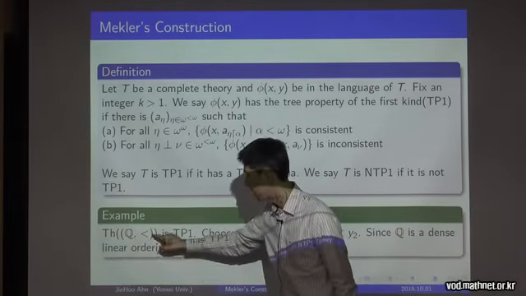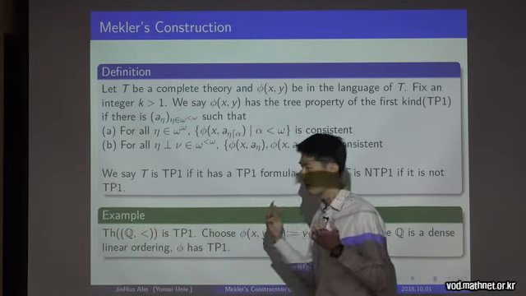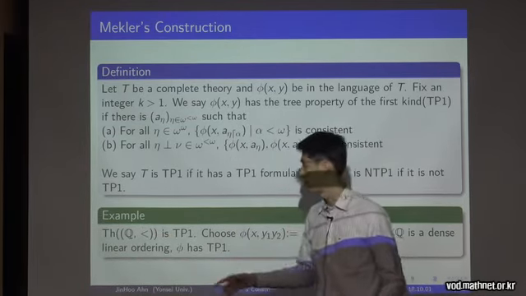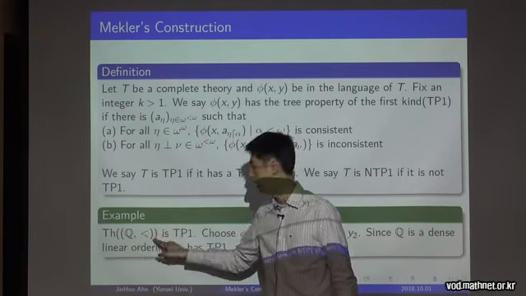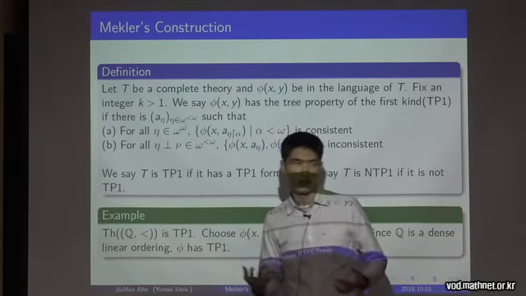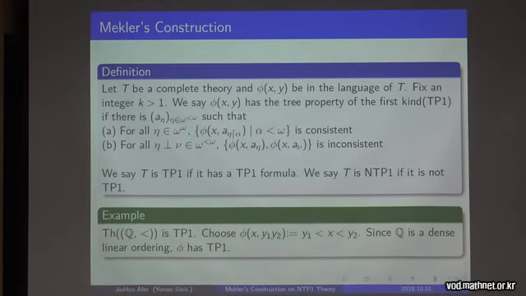Q and an order relation. You learned about structures, right? So this Q is the universe, and this order relation is the predicate we want to talk about. That order relation is linear.